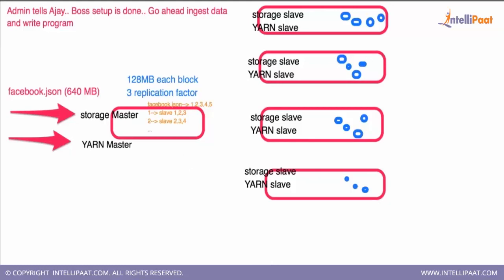But when I submit my job to the yarn master, let's say this is a MapReduce job, Yarn says, hey man, I don't know how to run MapReduce, but I know a guy called App Master.